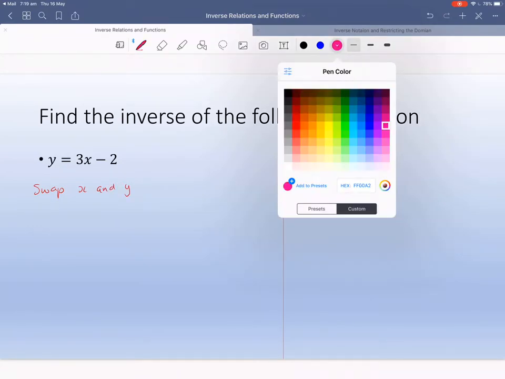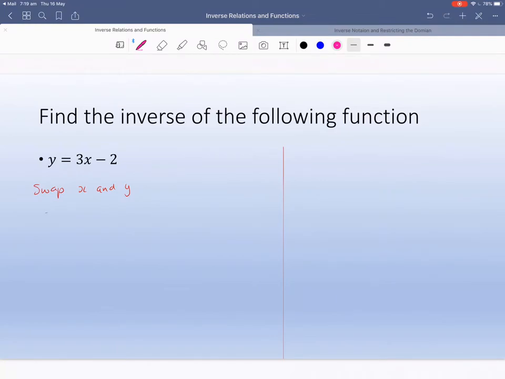So we've got x equals 3y minus 2. Notice that the x becomes y, the y becomes x. So I've written the same thing except two different ways. All right, let's keep going.